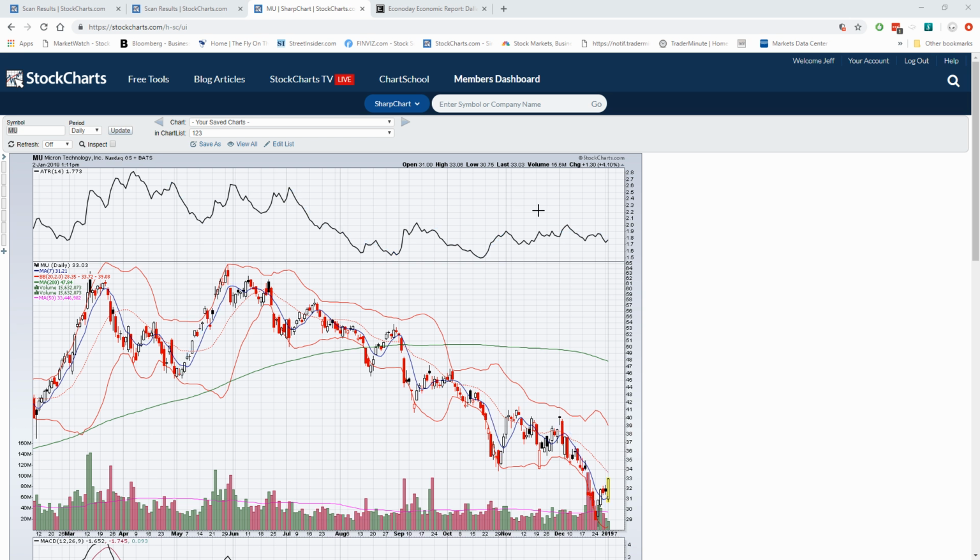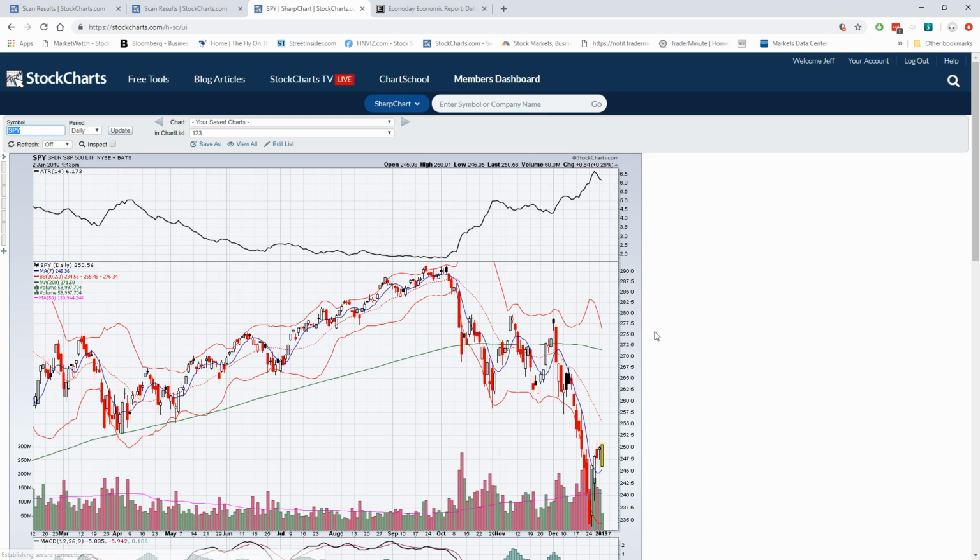Most stocks model better with the ATR than Micron does. Micron's kind of an aberration there. The SPY models very well with the ATR. In fact, the ATR started on the rise when? Right back here in October. And what's going on with the market since? Right, it's been on the decline. We've had the ATR drop over the last week.